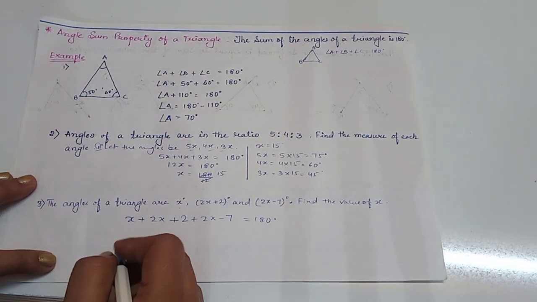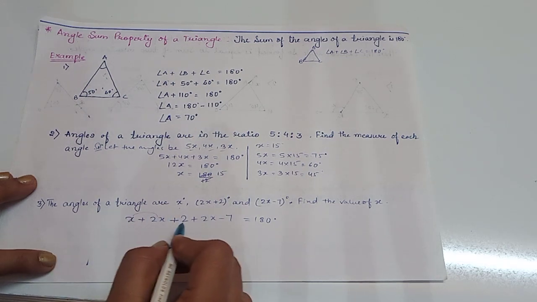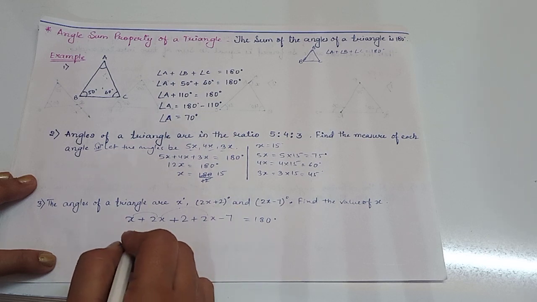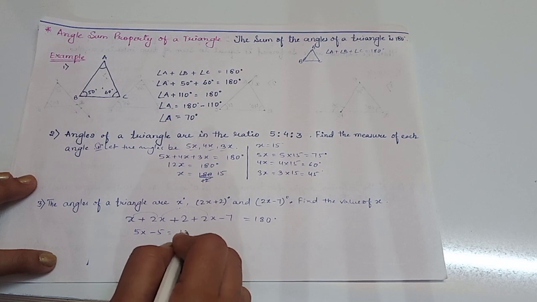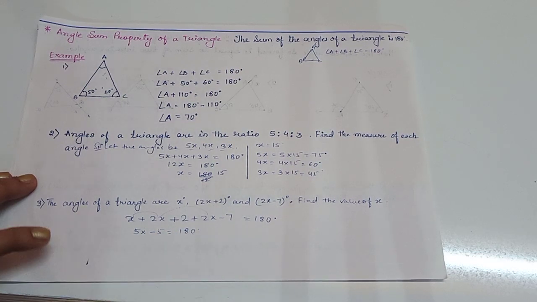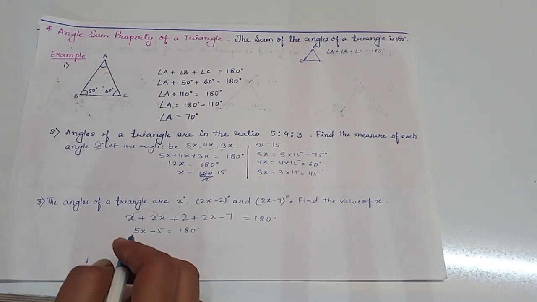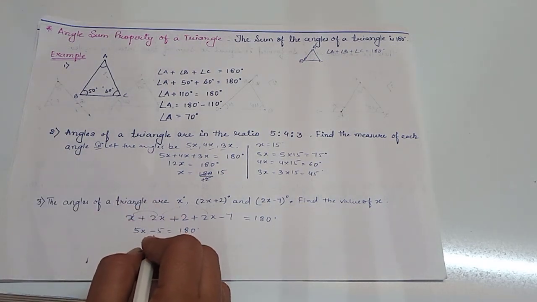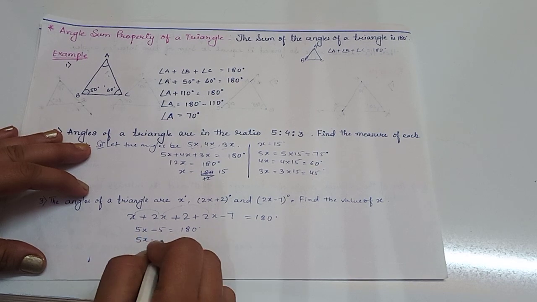Now here what I can do is simply add x plus 2x plus 2x, that is 5x, and 2 minus 7 is minus 5, so 5x minus 5 is equal to 180 degrees. Right? Now this 5 will go to the other side and it will become addition.